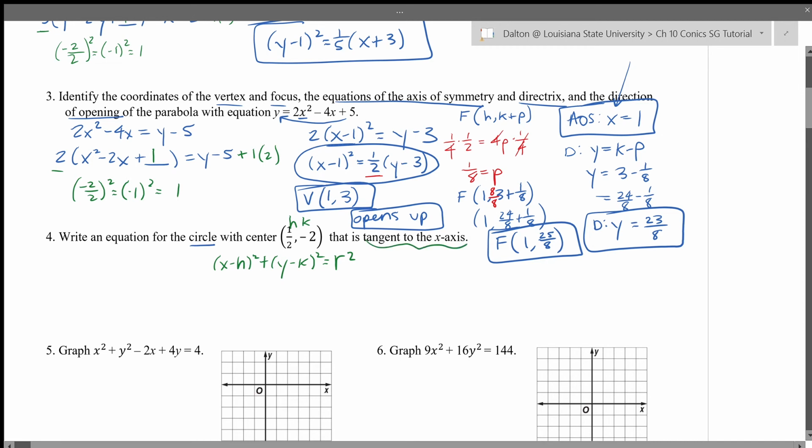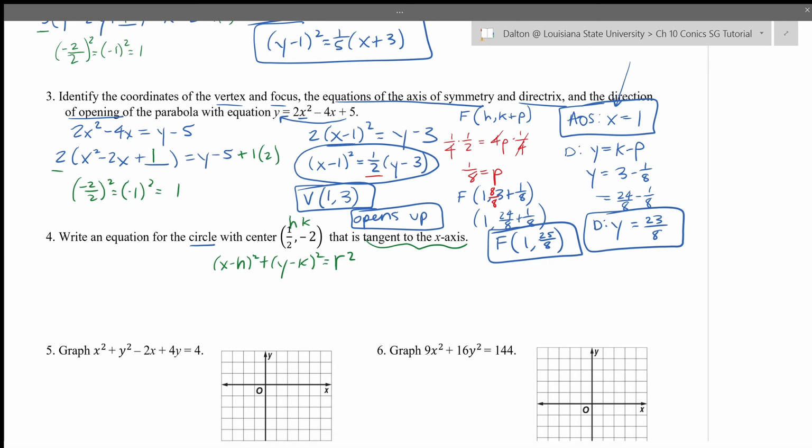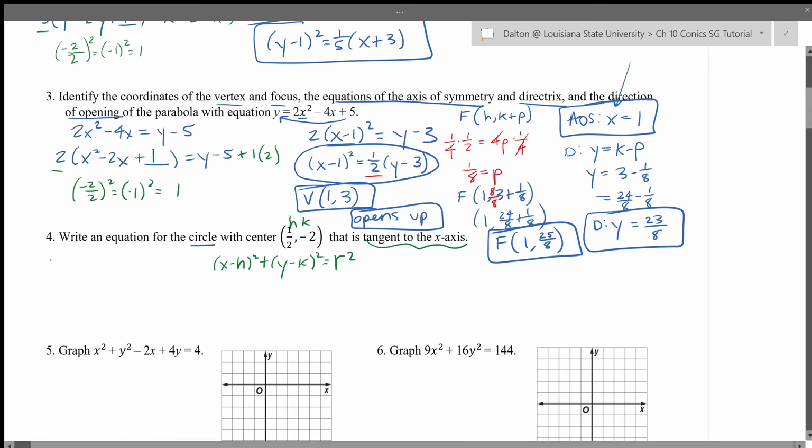If it's tangent to the x-axis, that means it intersects the x-axis at exactly 1 point. So you can kind of sketch out this scenario. The center of the circle is at (1/2, -2).